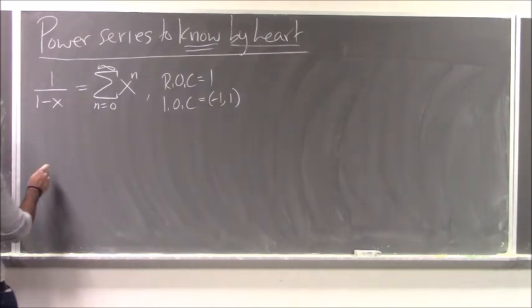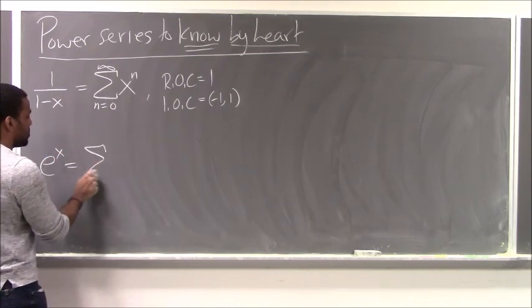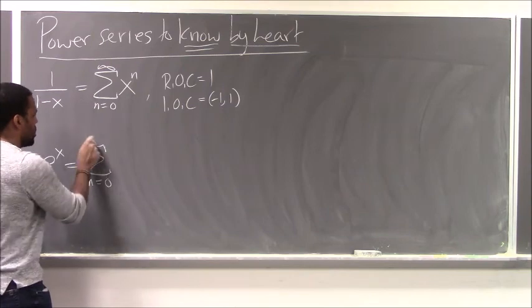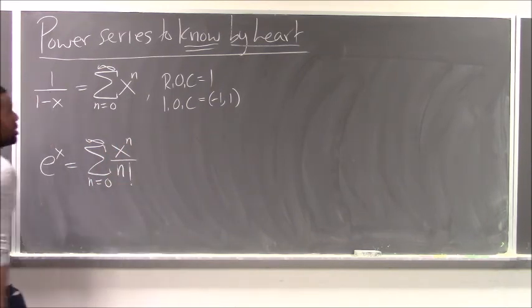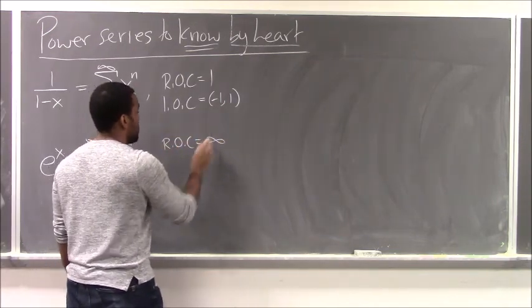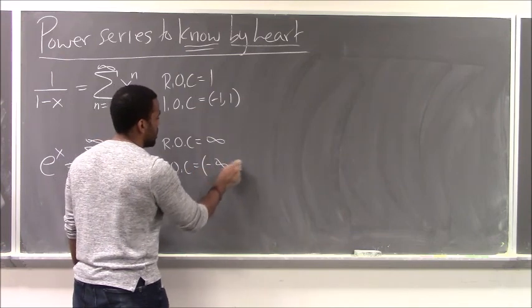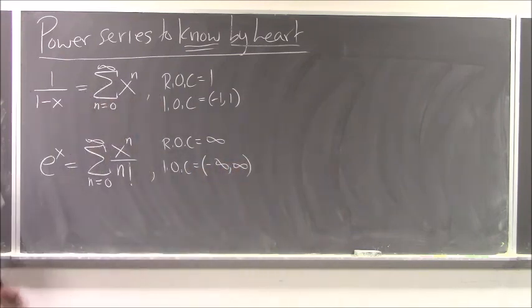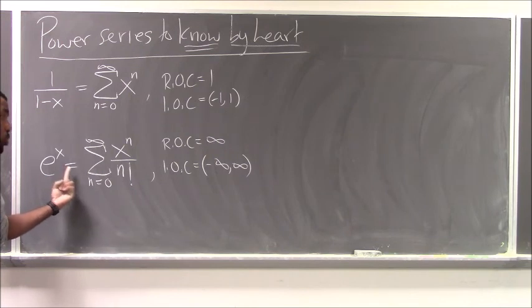The other guy you should know by heart is, of course, e to the x. E to the x is the series of x to the n over n factorial. That guy has a radius of convergence of infinity. The interval of convergence is the entire real line. Now I write e to the x equals this, and that's something I'm going to talk about in a bit. And I really mean equals here.